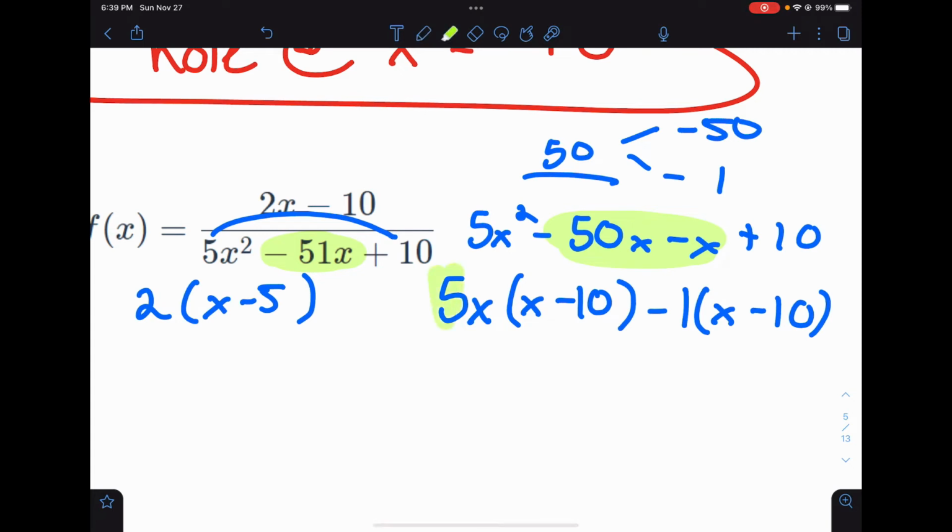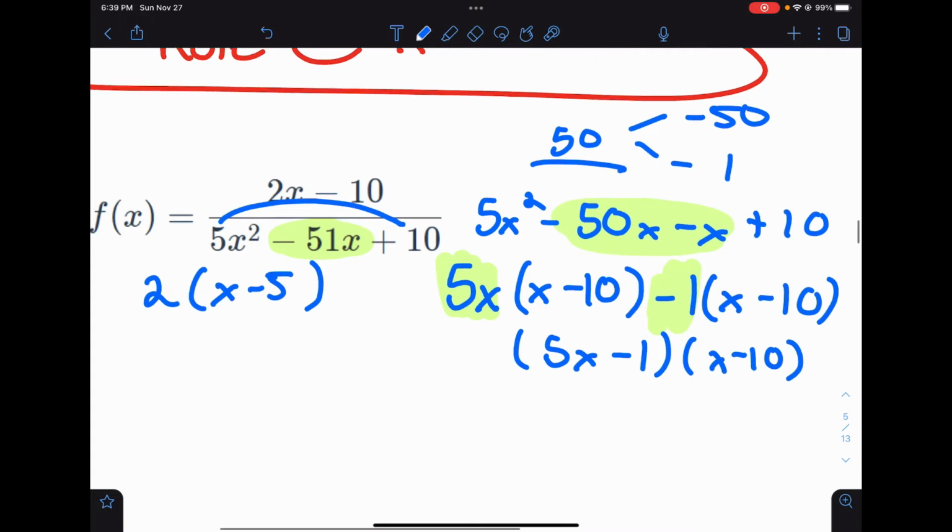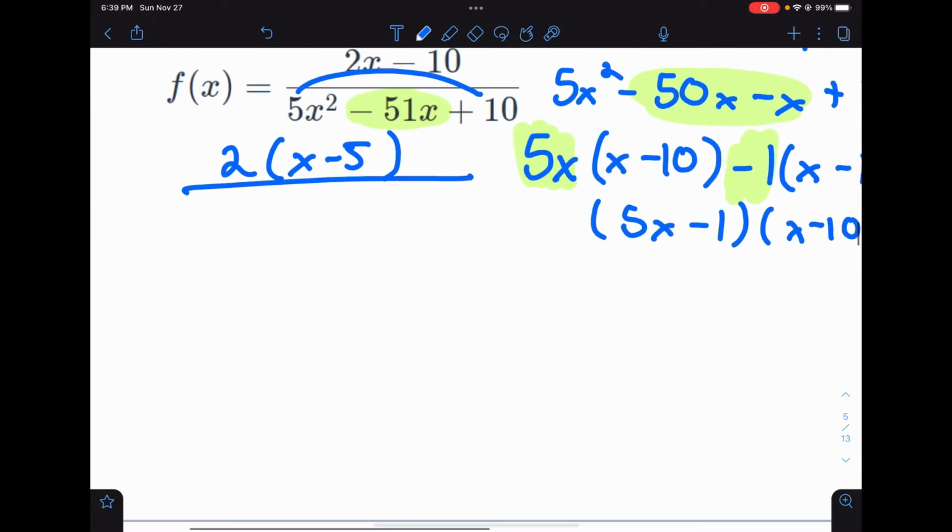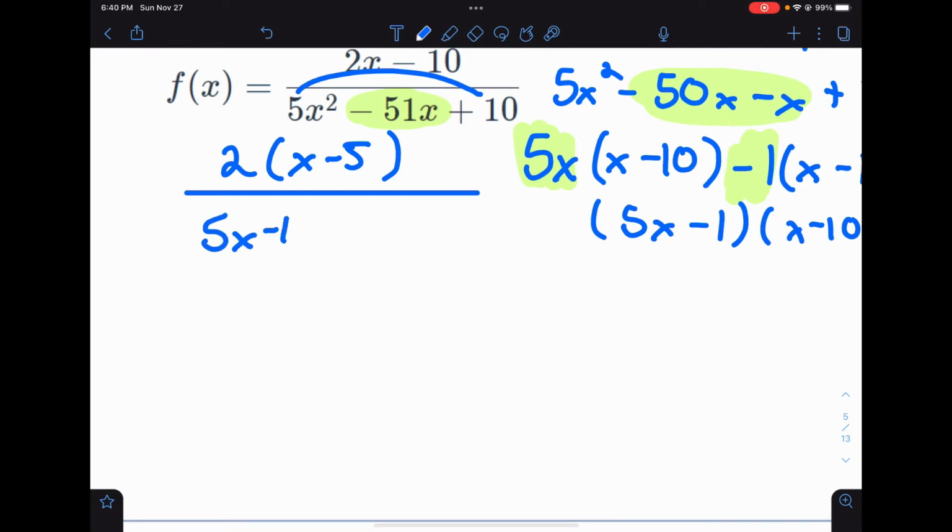So then these two guys out in front are going to become our first binomial here. So we get 5x minus 1 times x minus 10. All right. So we've just factored this denominator here to be 5x minus 1 and x minus 10, okay?